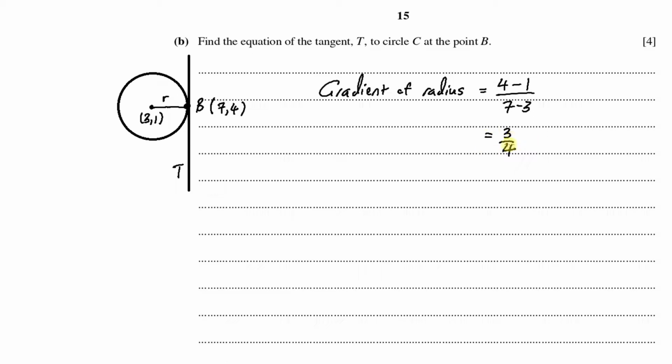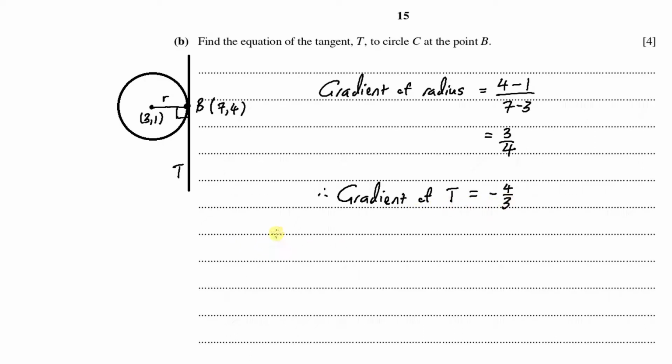So since we get 3/4 here, and we know that the tangent is perpendicular to the radius, we can therefore conclude that the gradient of the tangent T is the negative reciprocal of this, so it comes out as minus 4 over 3. Remember, the product of the gradients of perpendicular lines should be minus 1. So we get the gradient of T as minus 4 over 3.